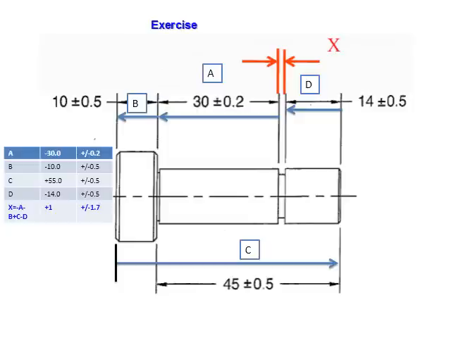The gap X is equal to minus A minus B plus C minus D. The answer is plus 1 with a tolerance variation of plus or minus 1.7. It is a very simple example. We'll see in detail with the GD&T samples in part 2.